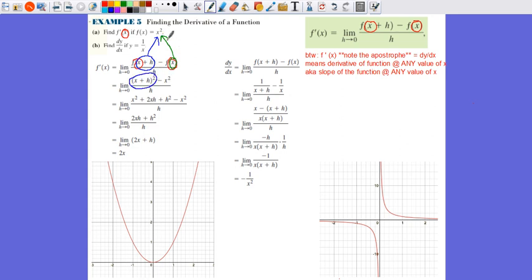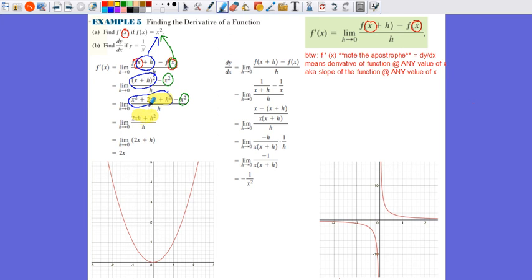When you plug x into x squared, you get this. When you double distribute this blue, you get that. There's nothing to distribute with the green; it just stays the same. x squared minus x squared cancels, and you're left with this right here.